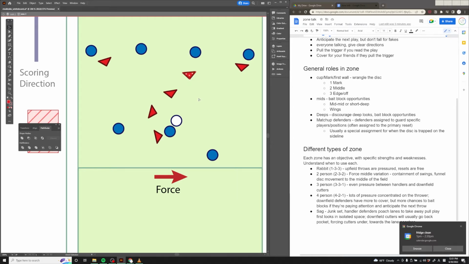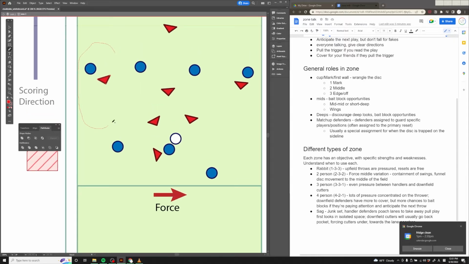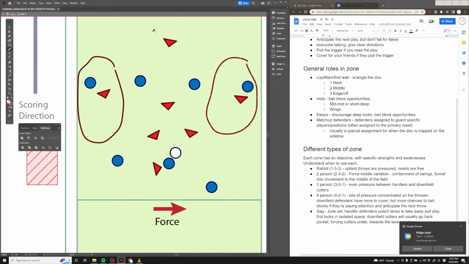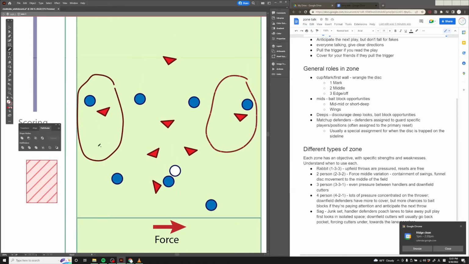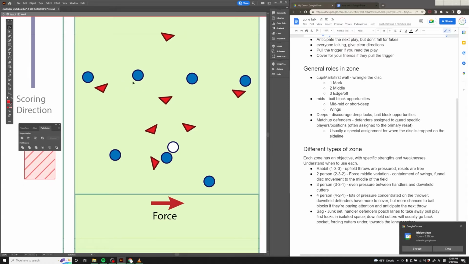Or they can work between these two defenders. The wings' job is to deny anything to the sidelines, up and down the sidelines. So they're kind of covering both under and deep areas along the sidelines. They're communicating with the deep to pass off defenders as they move under and deep.